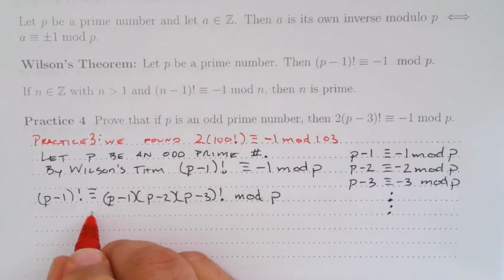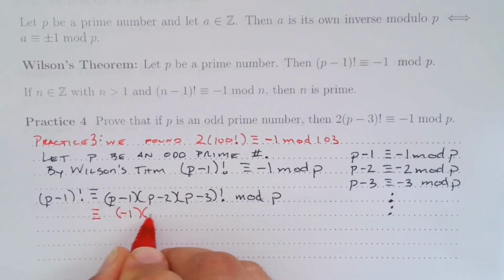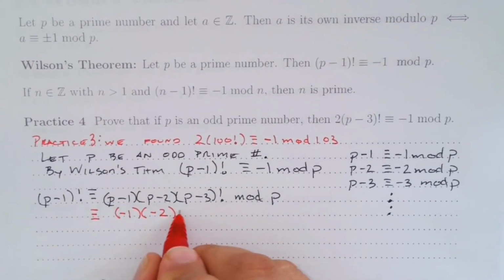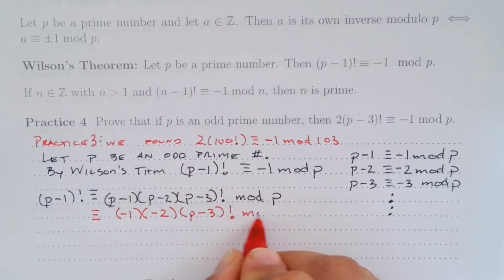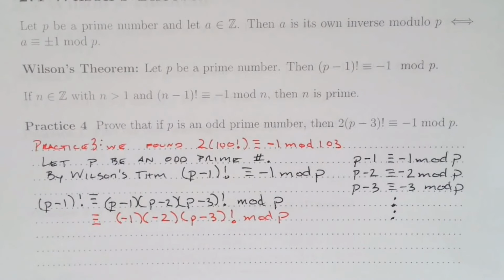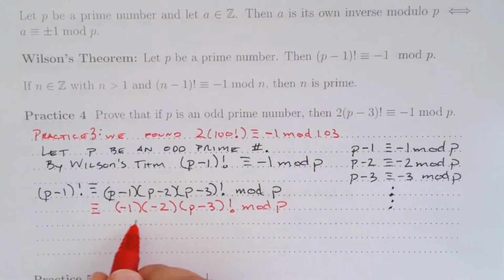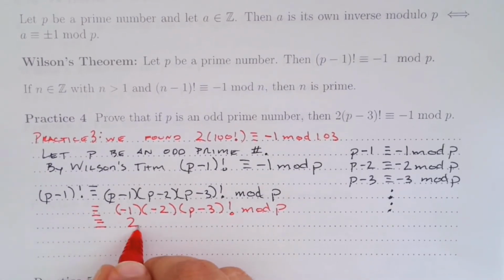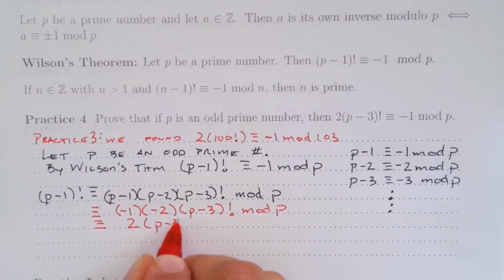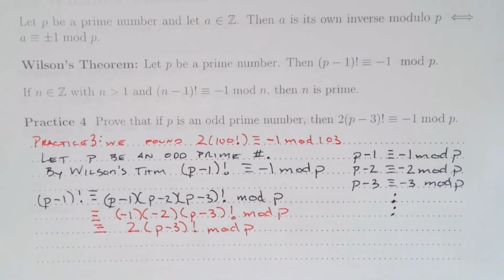So we can say that (p minus 1) factorial is equivalent to negative 1 times negative 2 times (p minus 3) factorial mod p, which, on multiplication, is equivalent to 2 times (p minus 3) factorial mod p.